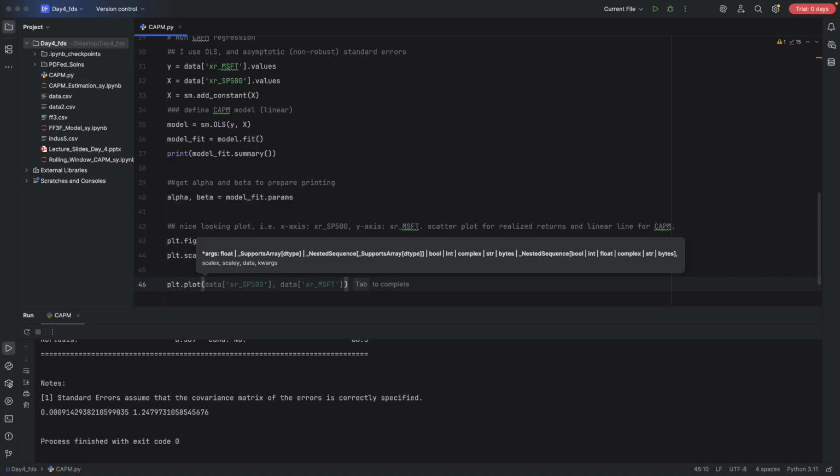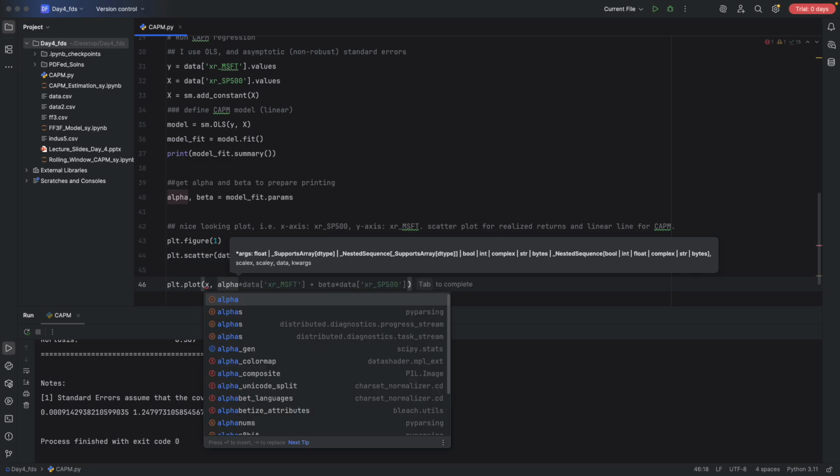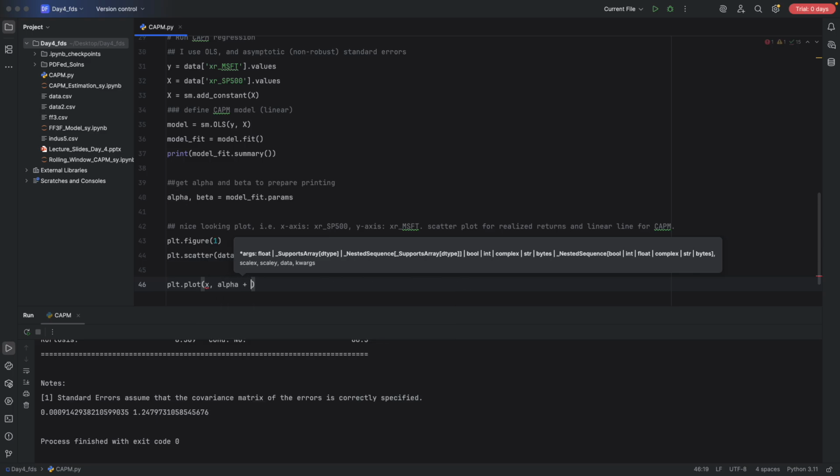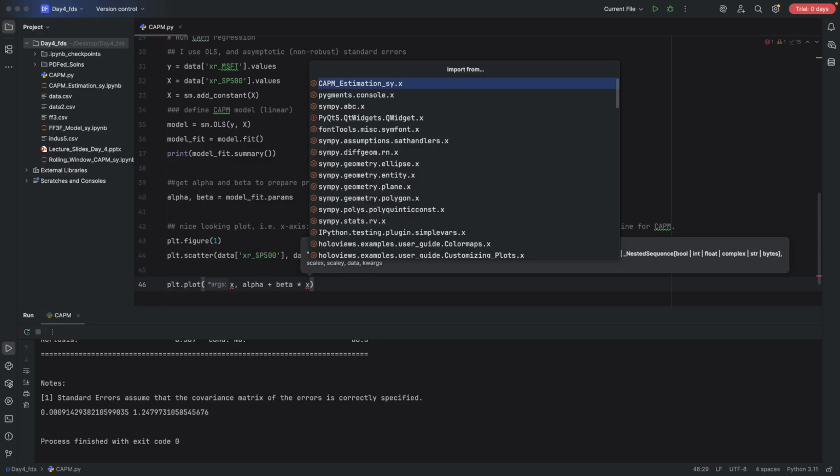I need to define x in the previous cell, therefore the warning lamp comes up, which is good. It realizes I haven't yet defined x. So I plot x versus the linear relationship, and the linear relationship is the alpha, which I got from there, plus the beta times x. Good. Nice.